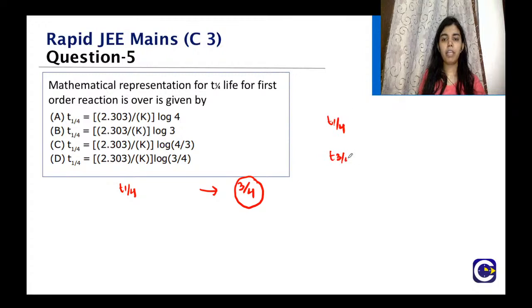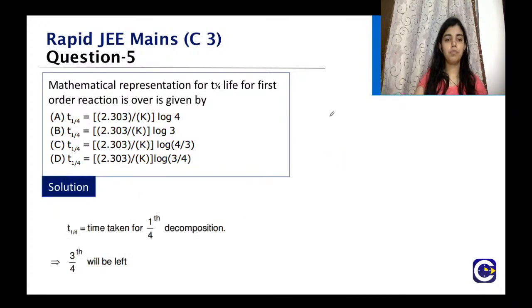T3 by 4 means that 3 by 4 of the reaction has been completed, that is, 3 by 4 of the total reactant has been decomposed into the product itself, right? So T1 by 4 is the time taken for 1 by 4 decomposition of the reactant, and the left amount of the reactant will be 3 by 4, right?